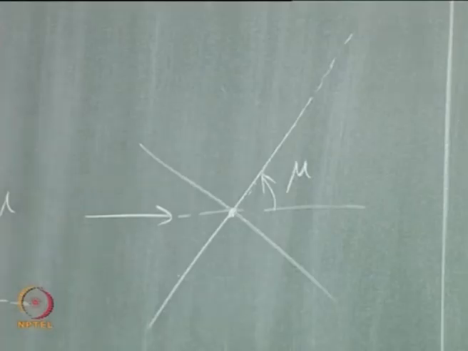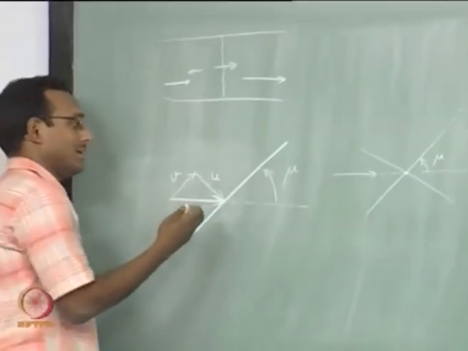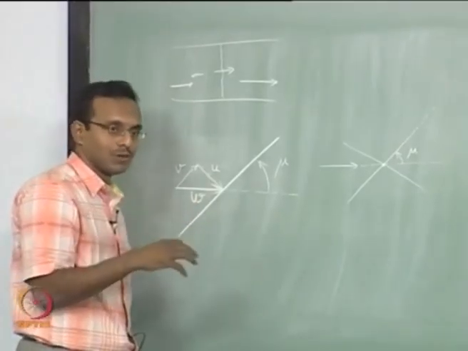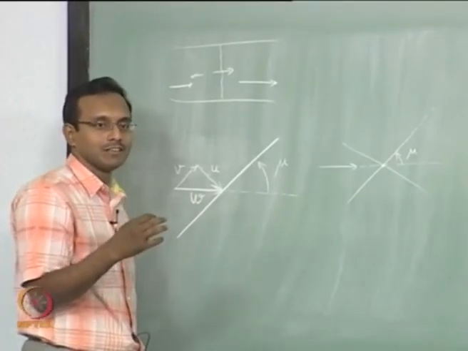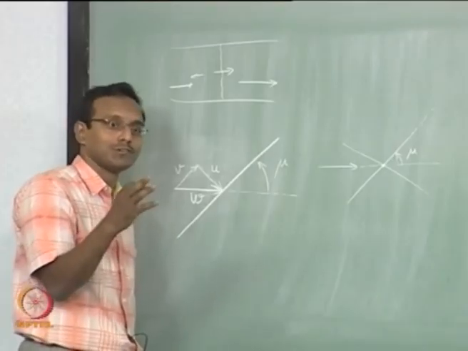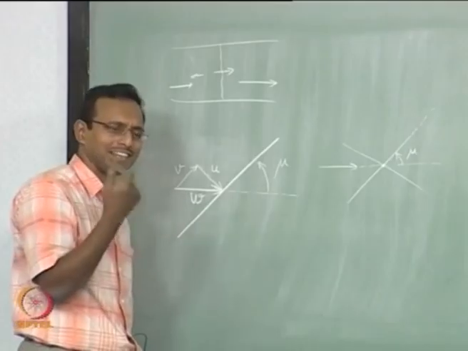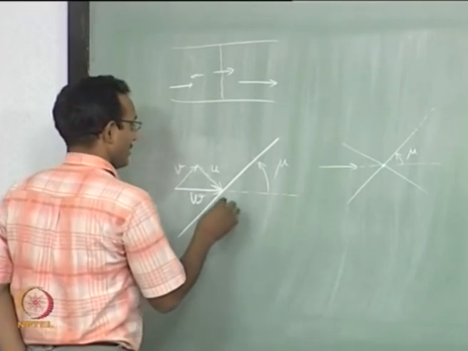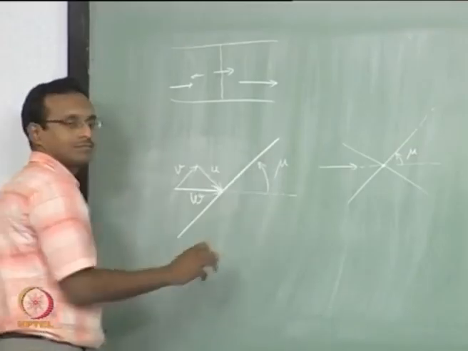I am going to use the same kind of explanation here, and I am going to say a wave is traveling this way with respect to the flow velocity, with wave velocity equal to, or almost equal to, the speed of sound. I told this last class also, right? It is slightly less, infinitesimally less. We will take it as equal to the speed of sound, and so it is going to have this angle.